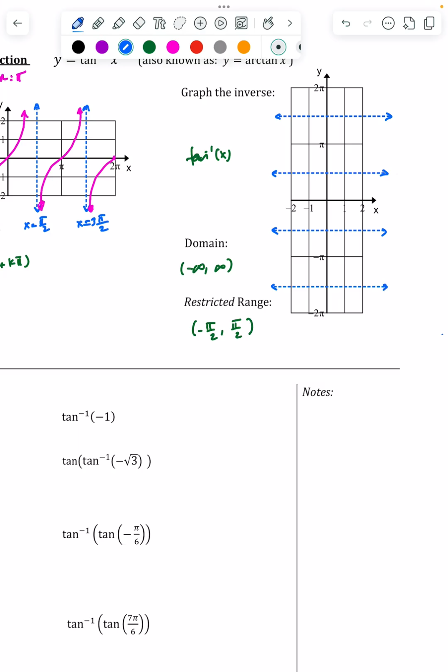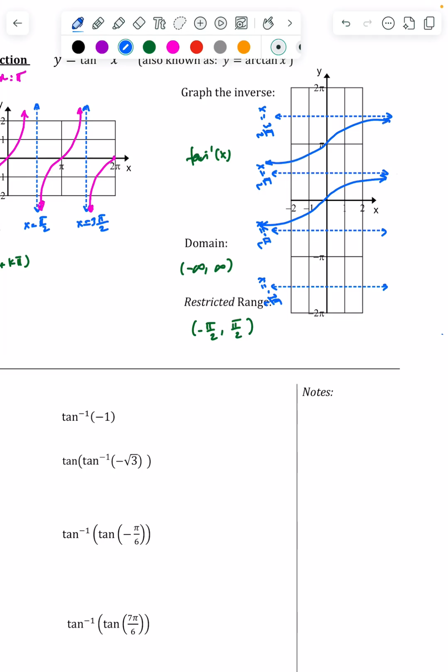So this is x equals 3 pi over 2 on the top, and then x equals pi over 2, and then here negative pi over 2 and negative 3 pi over 2. Okay, and your graph is going to look something like this. That's on one period. Okay, and you're going to do the same thing, but you're going to dash it.